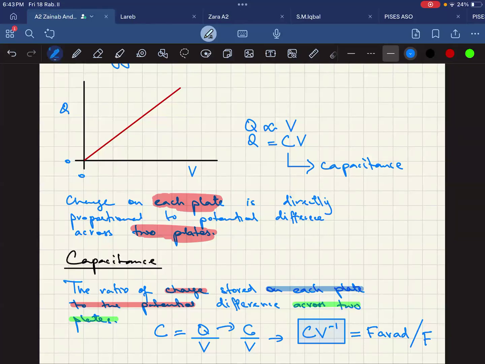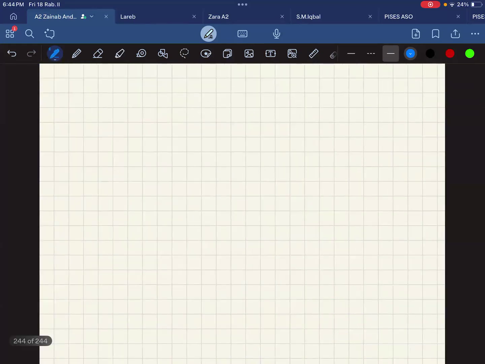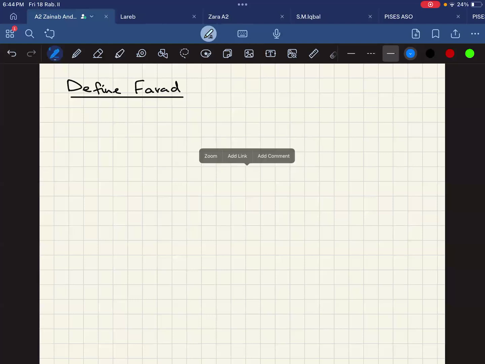Okay, and sometimes they ask you the definition of Farad as well. So define Farad. I always told you a number of times that when we define a physical quantity, we define it by using physical quantities, and when we define the unit, we actually define it by using units. So Farad is the SI unit of capacitance.